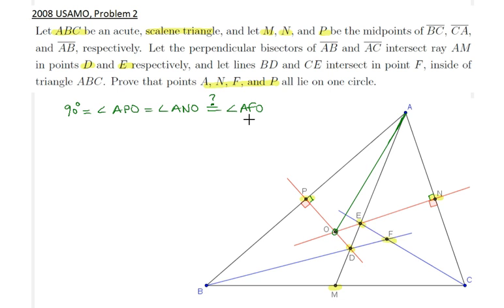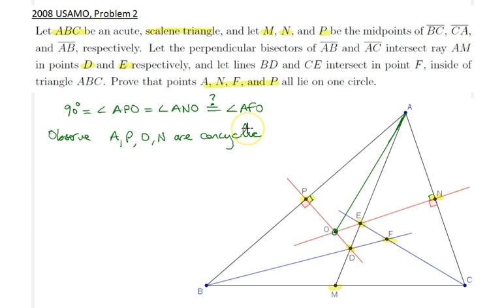Once this is proven, it implies F is on the circle, because if AFO is 90 degrees, that angle would subtend the diameter, and as a result it would be on the circle which goes through these points A, P, O, and N. So far I know that A, P, O, N are concyclic points.